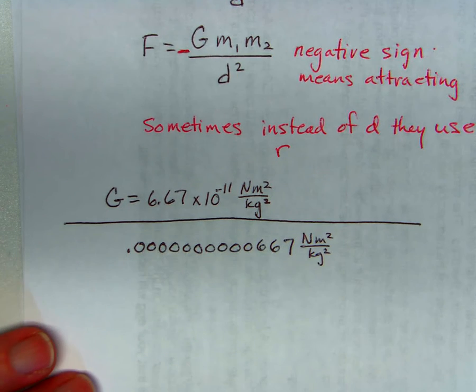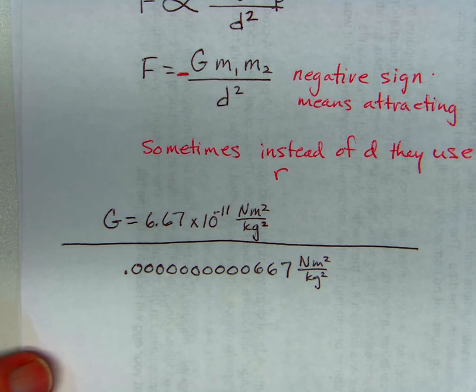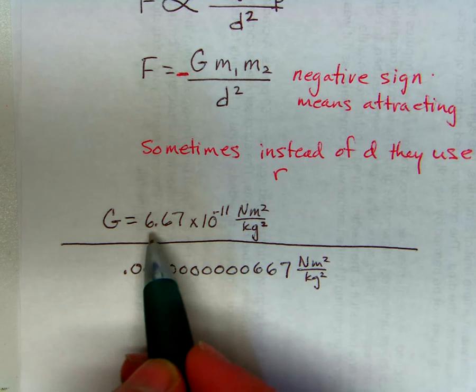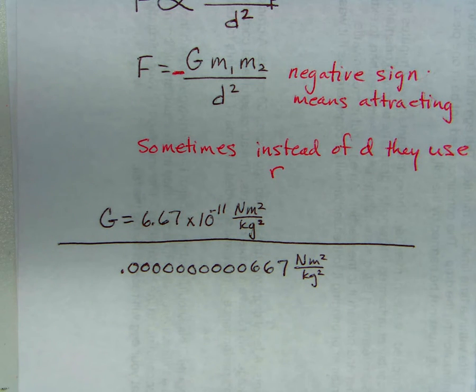Gravity is a very, very weak force. So there's only 6 zeros? No, there's 10. It says 11 because you move the decimal point 11 places over, to the first number that's not zero.